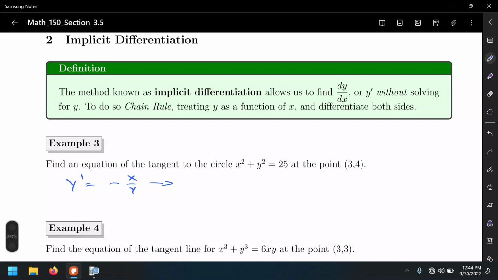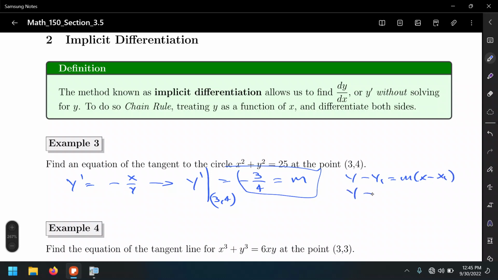However, we have an expression to compute the slope. So y prime evaluated at the point (3, 4), in this case negative x over y, which is negative 3 over 4. So that's equal to the value of the slope. So let's just use y minus y1 equals m times x minus x1.